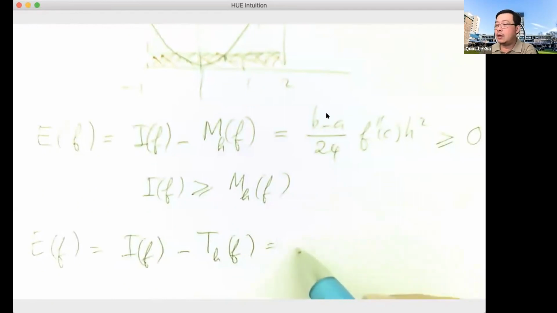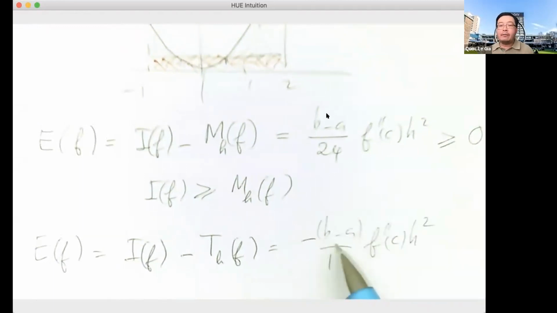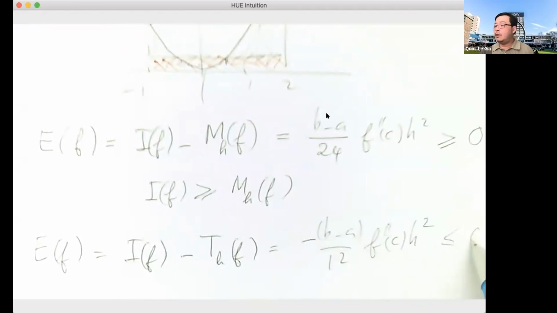We did it in question number 3. Yes. So it is minus (b minus a) over 12 times f double prime of c times h squared. And you see you have a minus here, and the rest is positive, so this one is less than or equal to 0.